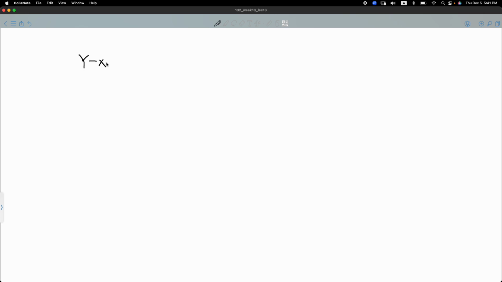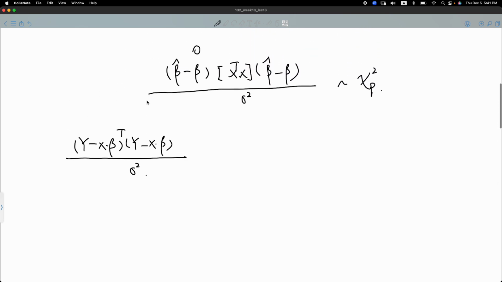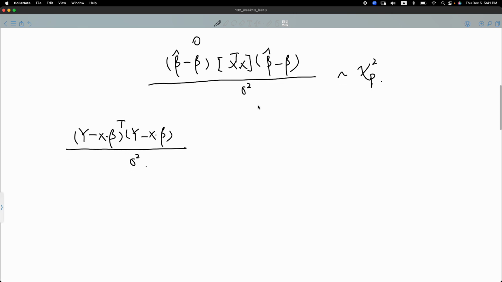Y minus X beta, then taking the transpose, over sigma square. Okay, so we are going to gain some knowledge from this expression and then use it to handle the denominator, the unknown variance term, the sigma square.